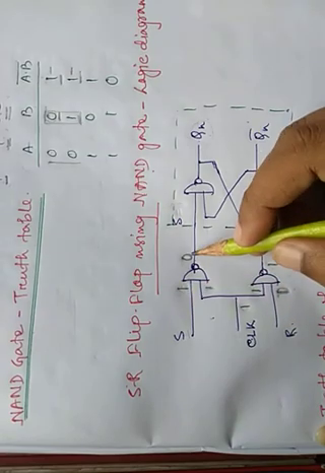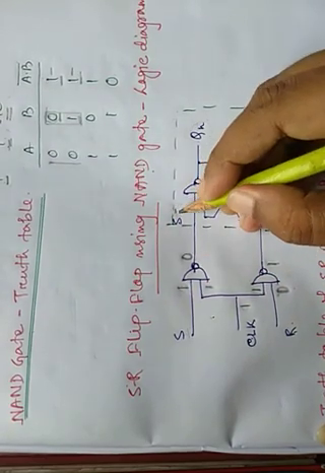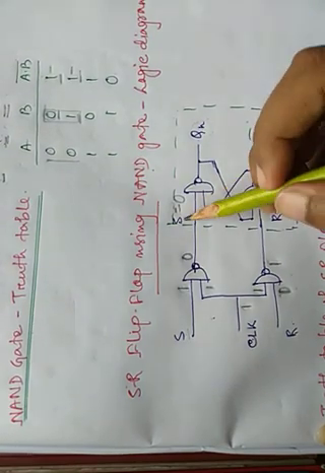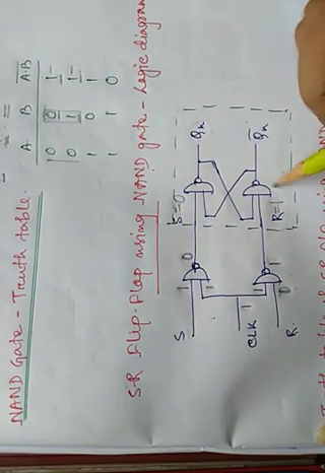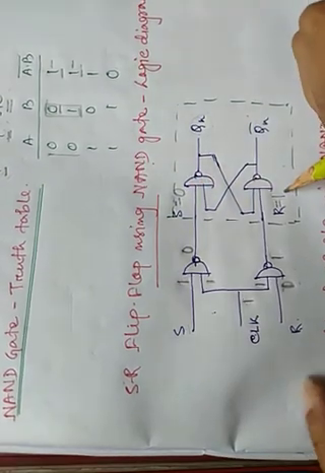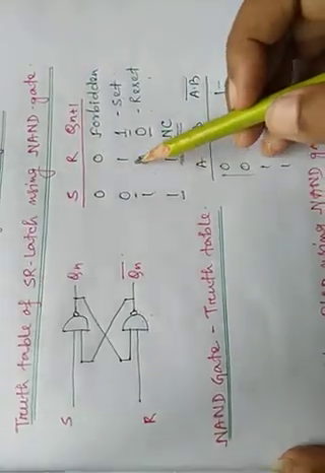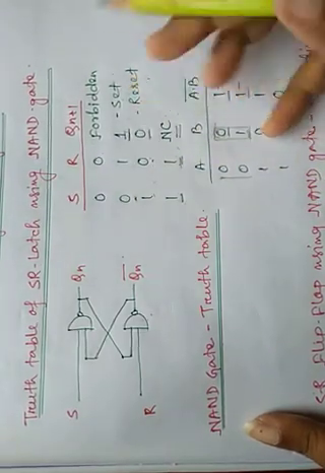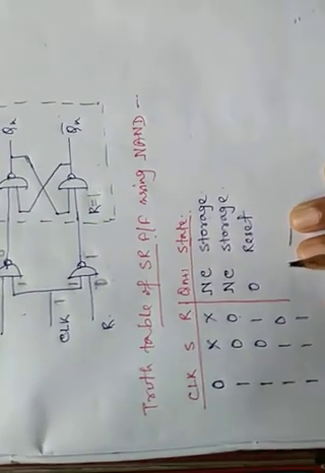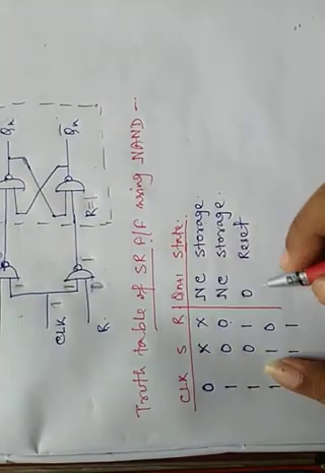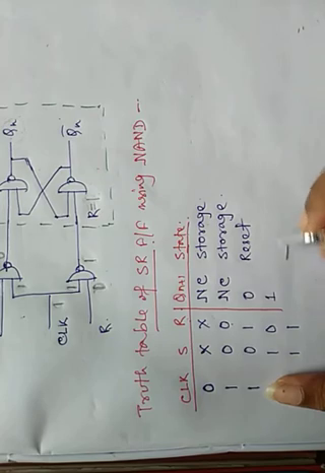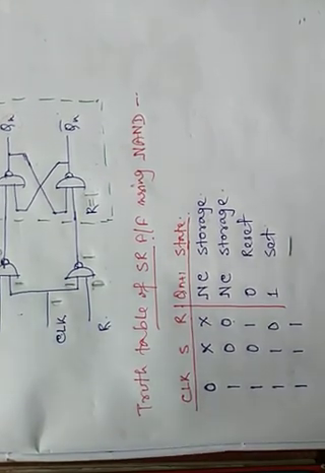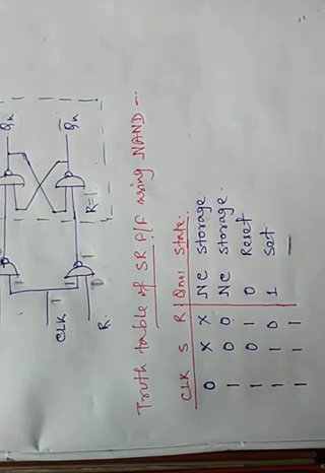So as first output is 0, it is fed as input 0 and it is 1, it is 1. That means the input of this latch is S0 R1. So S0 and R1, it becomes set. So it is 1, set.